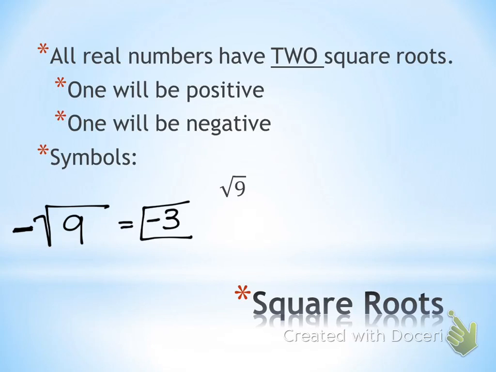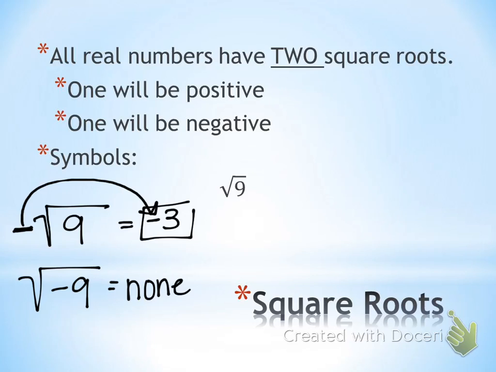Negative 3. So my answer, anytime there is a negative sign on the outside, has to be negative. Two totally different things from when it's outside and from when it's underneath. This one is negative 3. This one is none, or no square root. All right? Is everybody familiar with this at least?